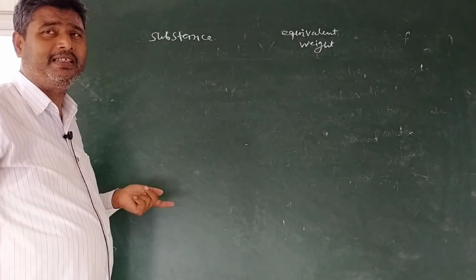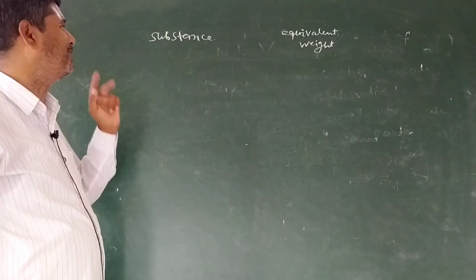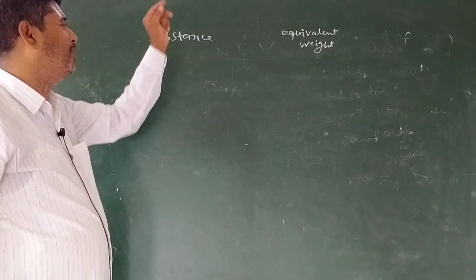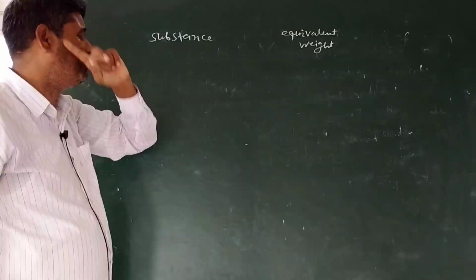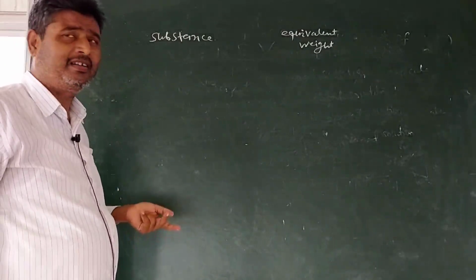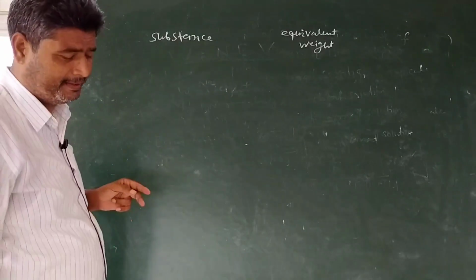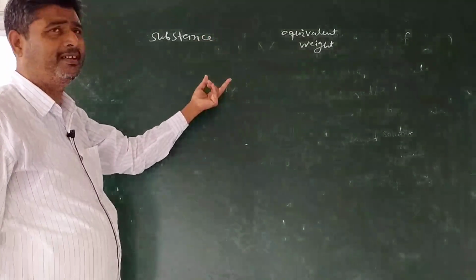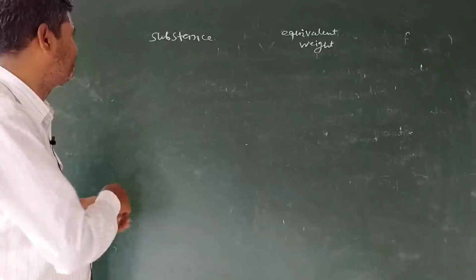Equivalent weight of atom is equal to atomic mass upon valency. So there are several methods for calculation of equivalent weight that depend on the nature of substance, whether the substance is acid or base or salt or atom or oxidizing agent or reducing agent. So we will discuss here the equivalent weight in brief.